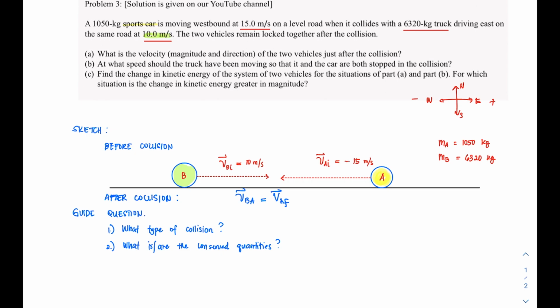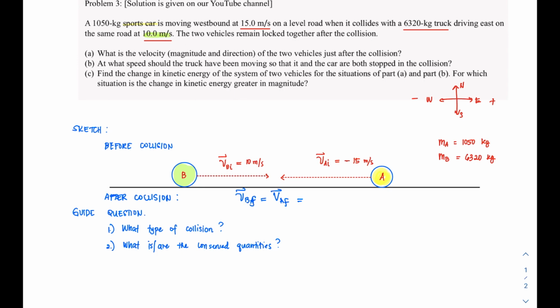So if I encounter these two quantities, BF and AF, I will just call them all together as large V without a subscript. That means the same thing for both.